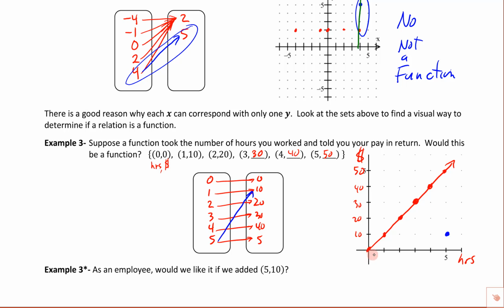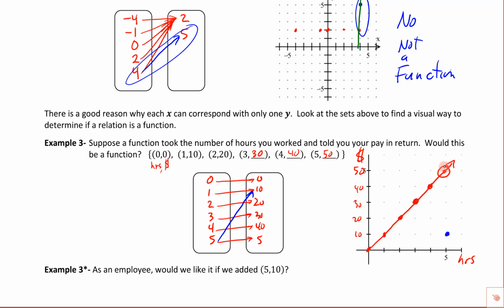If we go in and work, most of the time we get $10, but if you happen to work 5 hours, say your boss throws this one in there, sometimes when you work 5 hours you get $50, and then other times when you work you get $10. We wouldn't like that at all. We don't like this inconsistency right here. We want to know that if we go in and work for 5 hours, we're going to get the $50.